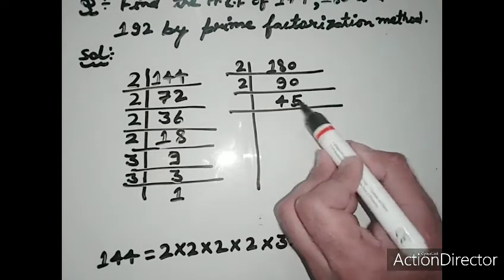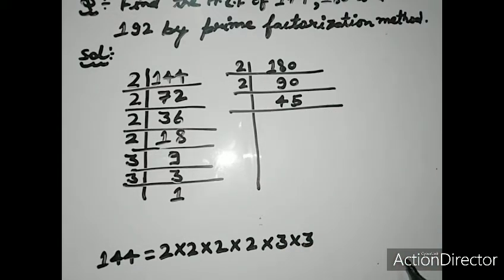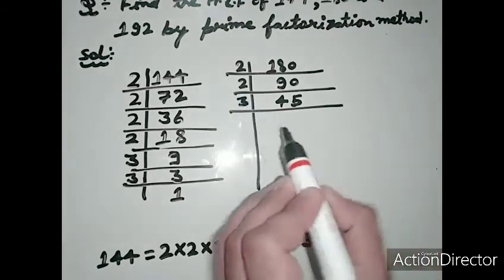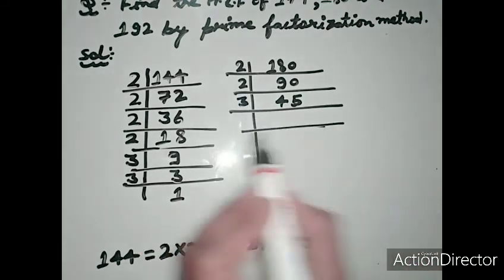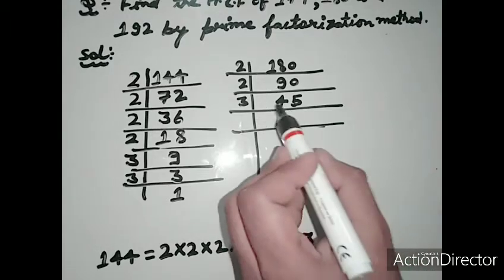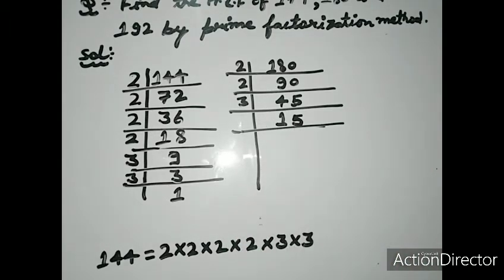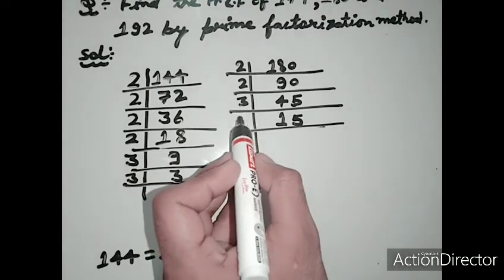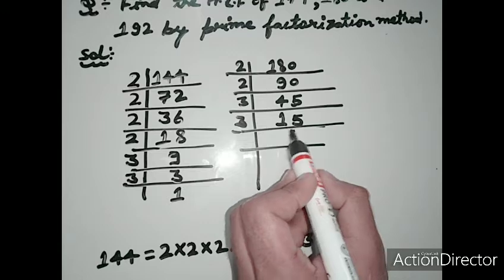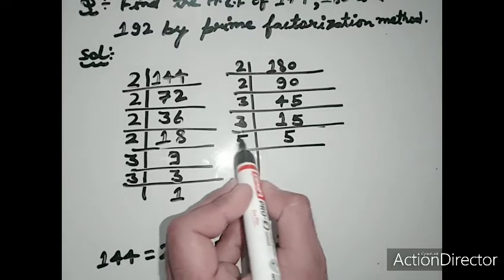Then now this number is not divisible by 2, but here this number is divisible by 3. So 3 1s are 3 and 3 5s are 15. Now this number is again divisible by 3. 3 5s are 15, and then 5 1s are 5.